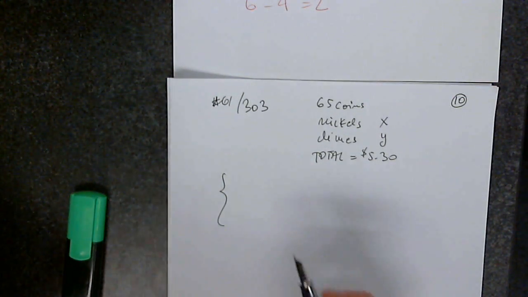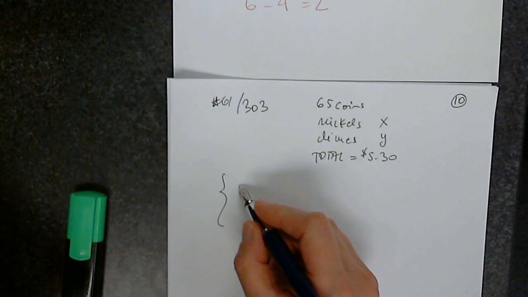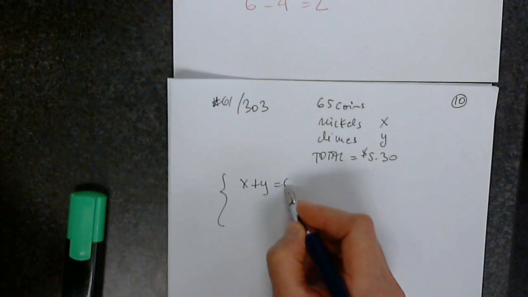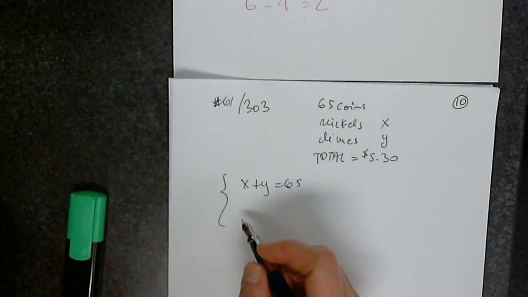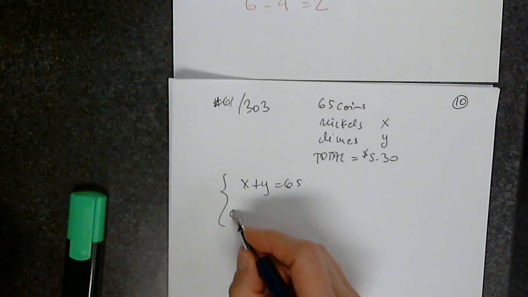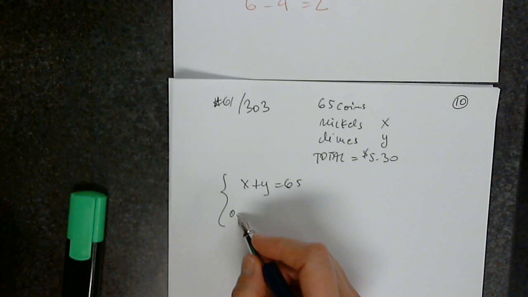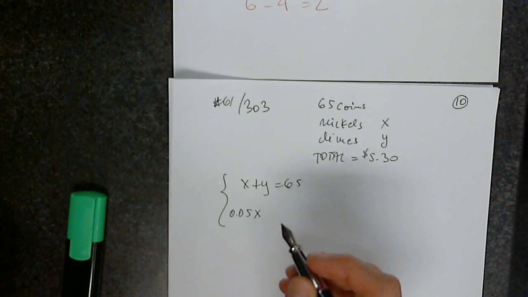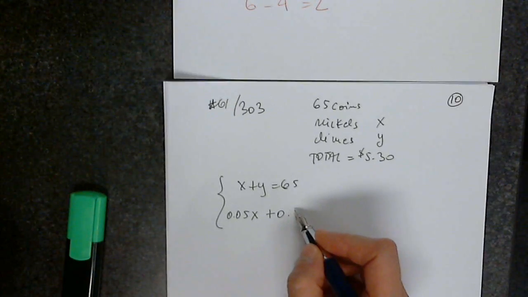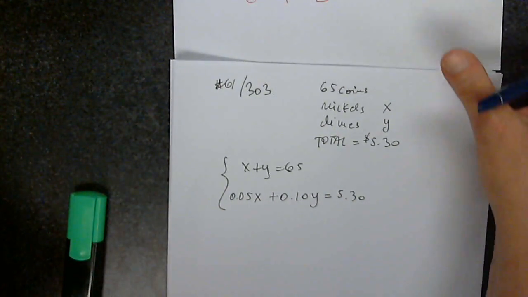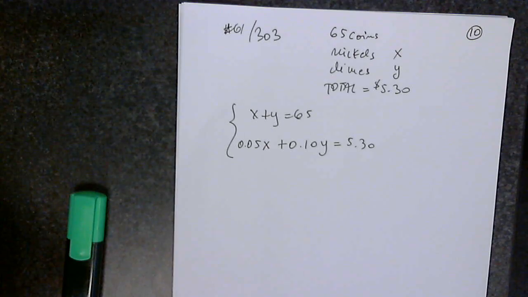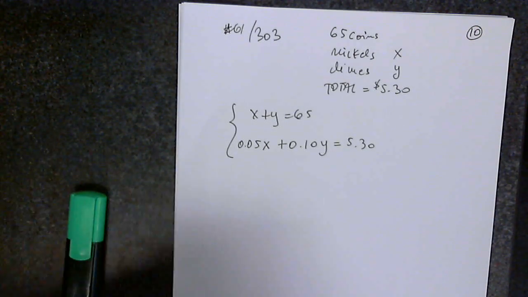So you have the first equation, x plus y equals 65, and then the other equation was 0.05x plus 0.10y equals 5.30, about 130 something? Exactly. Okay, 2 minutes. And in the meantime, I choose one more.